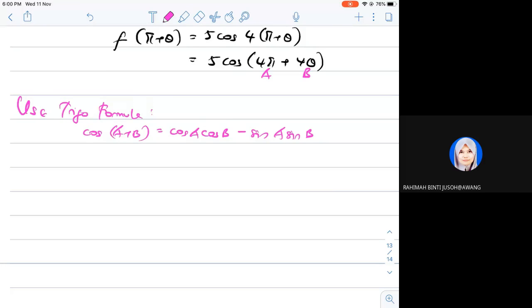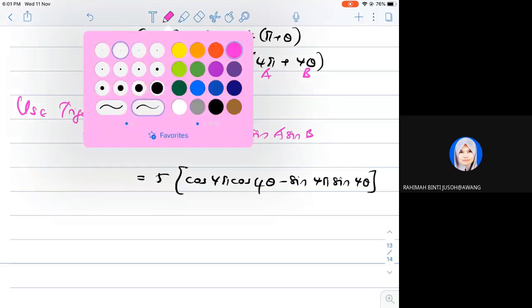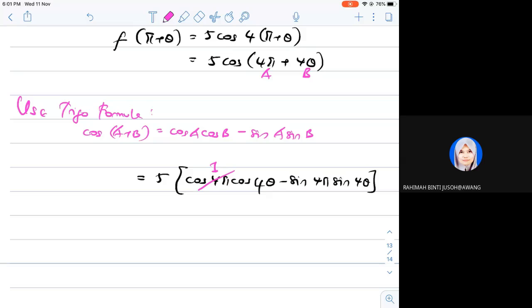Jom. So we will have equals 5 times cos 4 pi cos 4 theta minus sin 4 pi sin 4 theta. So cos 4 pi is 1. Okay, sin 4 pi is 0.